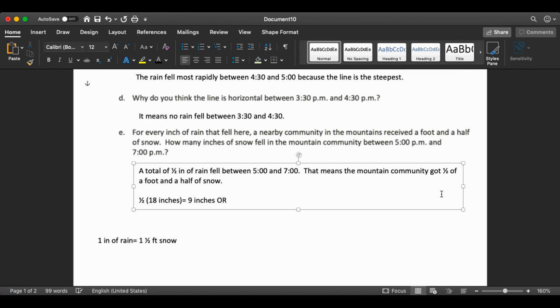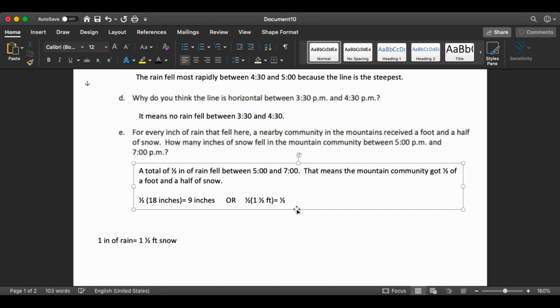Or you don't have to convert it to inches. We can just take 1/2 of 1.5 feet. I should probably move this down a little bit so you guys can see that more clearly. When I multiply two fractions like this, remember I need to make this into an improper fraction.